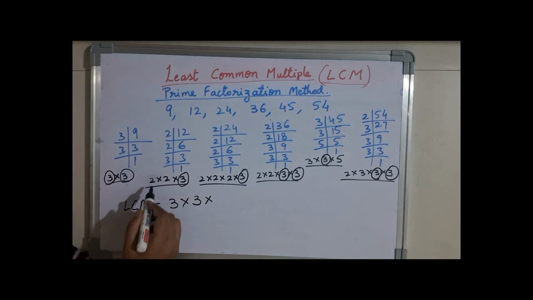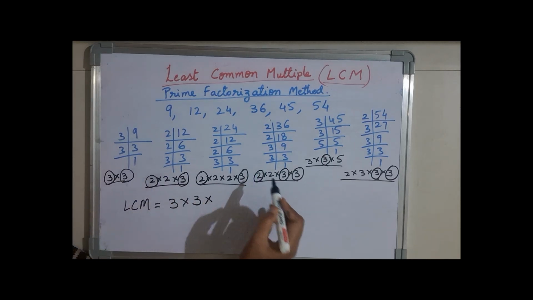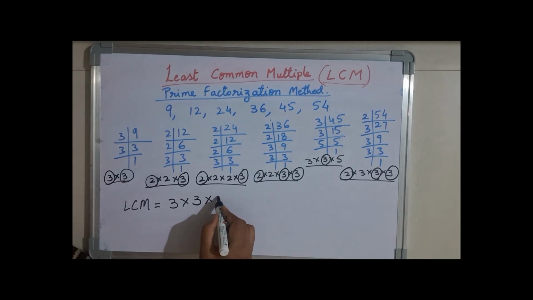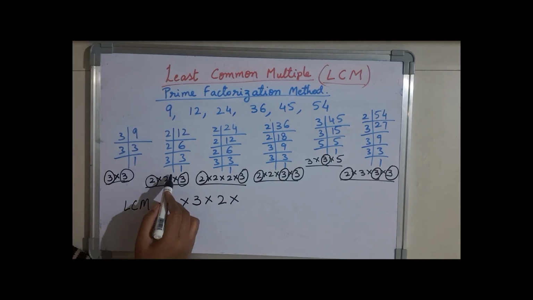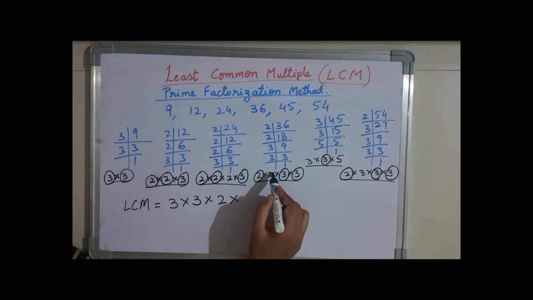Next, 2 is common here, and here also 2 is common. So I am writing 2 here and multiplied by, here 2 and this 2 and this 2.